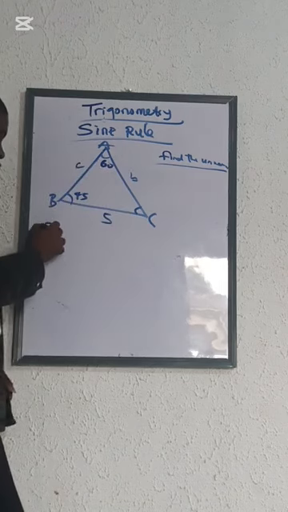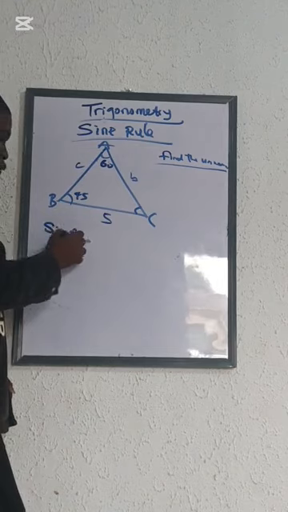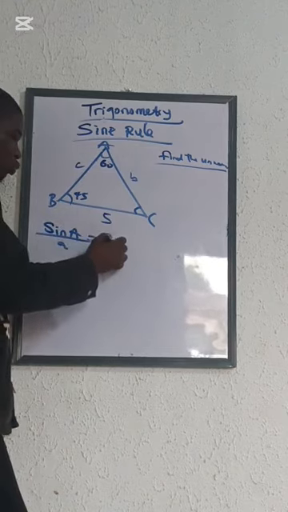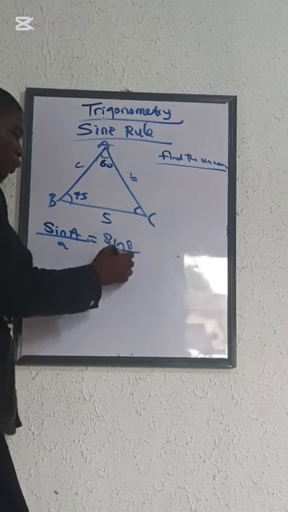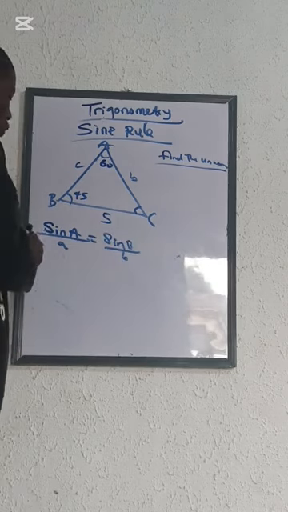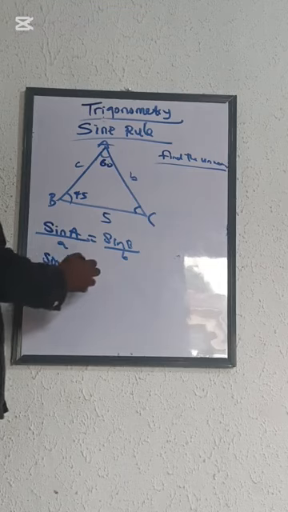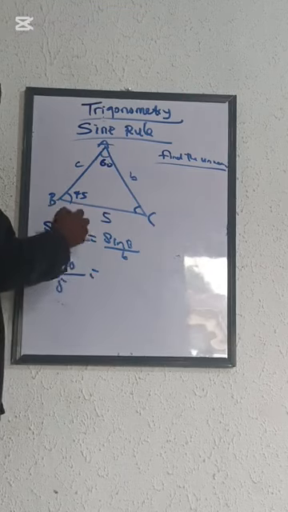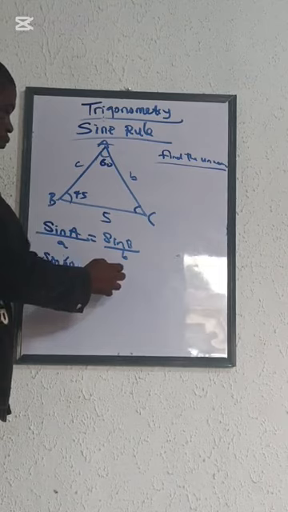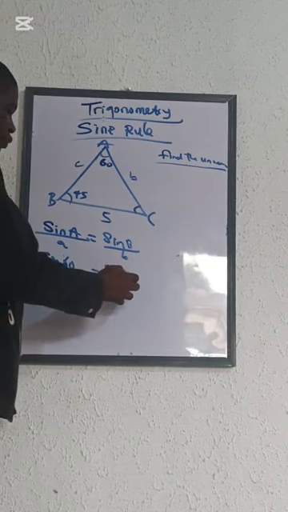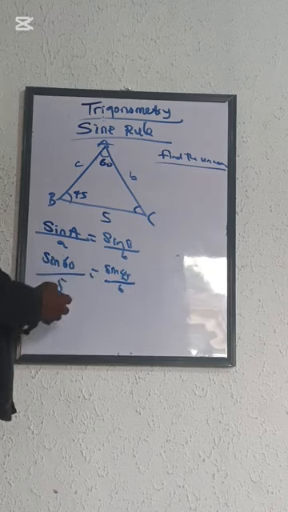So if we say sine A over a equals sine B over what? b. How do we get it? Sine A is what? Sine 60. Sine 60 over 5 equals sine 45 over b.